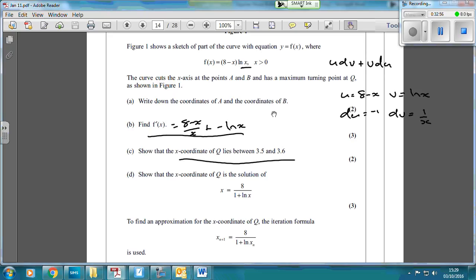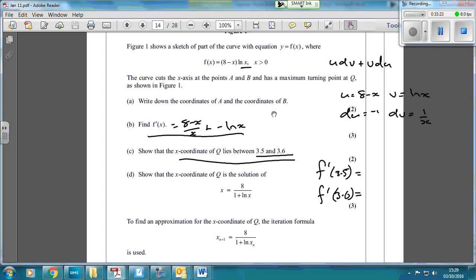We've got to show the gradient is 0 somewhere between 3.5 and 3.6. So what we do is we substitute 3.5 in, so f dashed of 3.5 and f dashed of 3.6, substituting 3.5 in as a gradient, substituting 3.6 in as a gradient.